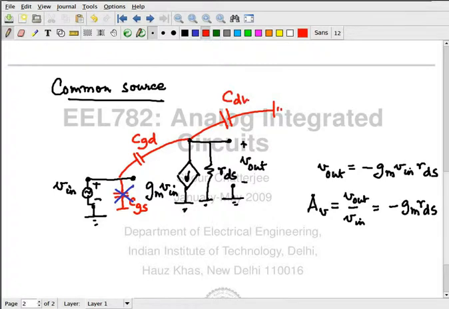Anything else? Nothing else? There is one more. Source to body, at least let's talk about it. So both sides of this capacitor are at ground, so therefore it has no effect, no role to play over here.